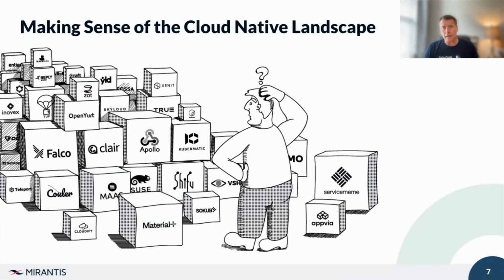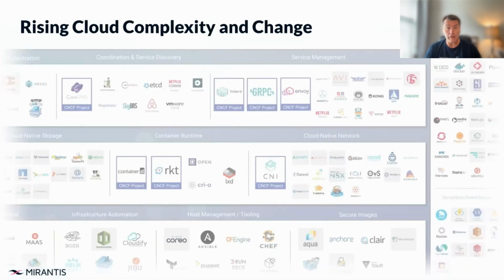So how do you make sense of the cloud native landscape? There's a lot of things going on. There are over 150 different applications that are CNCF certified. There are over 170,000 some odd individual contributors doing things within the space, and so it's a very complex, very challenging road to navigate.